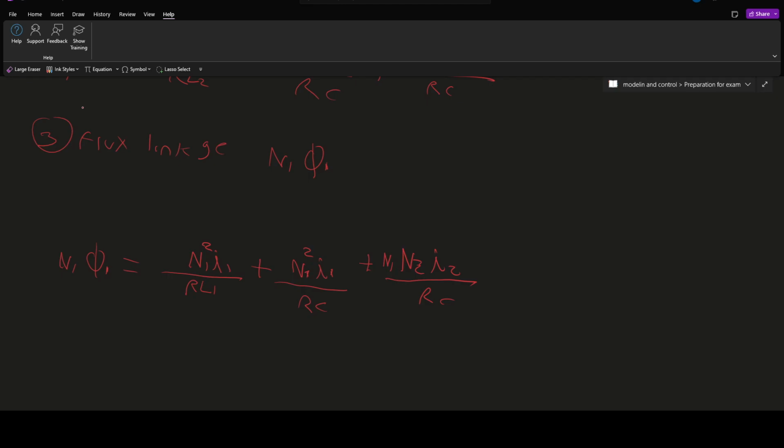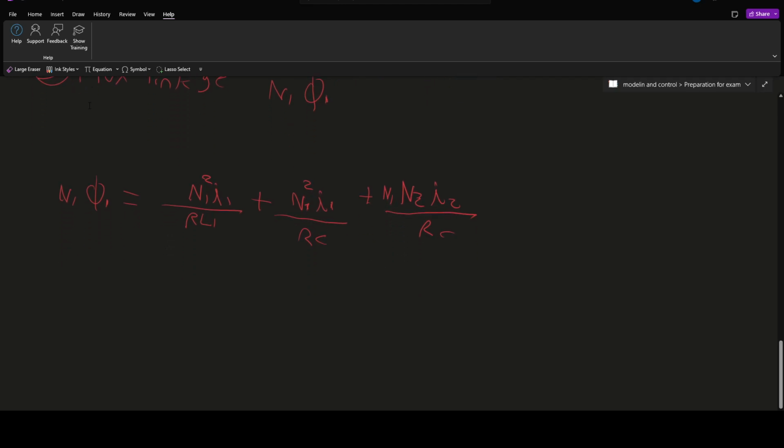So now we can get our equation for the voltage. We know that the EMF is equal to N dphi/dt.